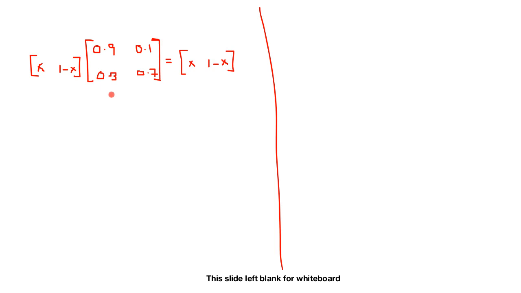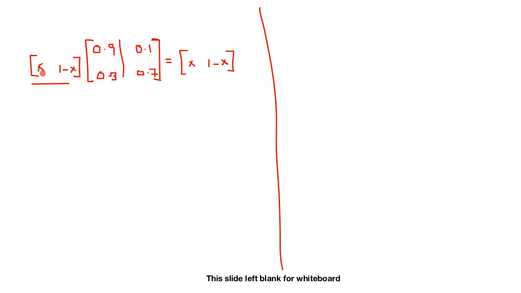Again, we are only going to multiply row 1 by column 1 because we are just interested in the value of x.